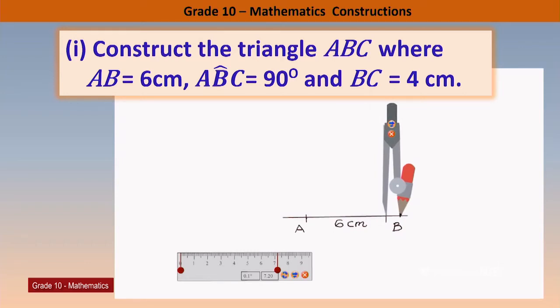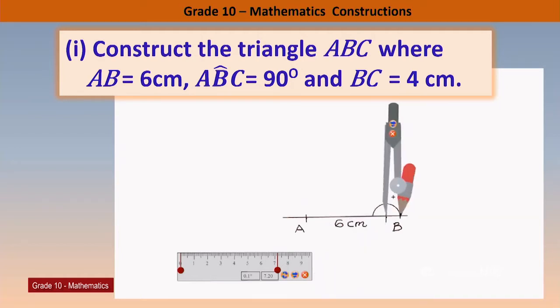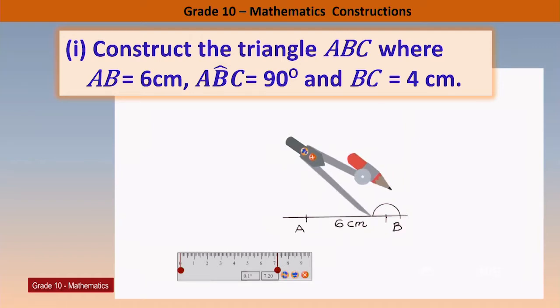Next we are going to construct angle B. There are 3 methods to construct 90 degree. So, I select 180 bisecting 90 degree. Keep the steel point on this new point, draw an arc. So, we are going to bisect 180.